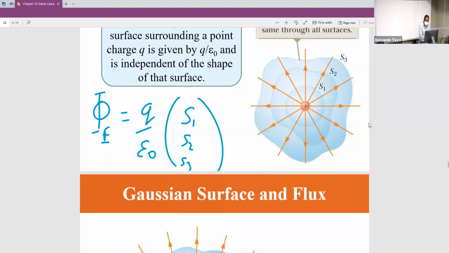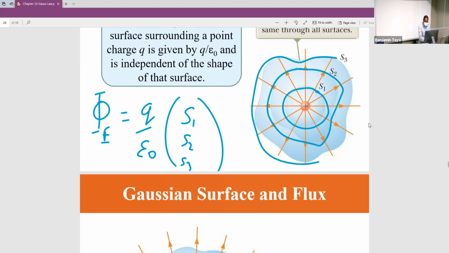As long as each of these surfaces covers the charge, I always get the same value for the flux. But to make life a little bit easier, we're just going to focus on using a sphere, because a sphere is a surface that is much easier to do calculations with.